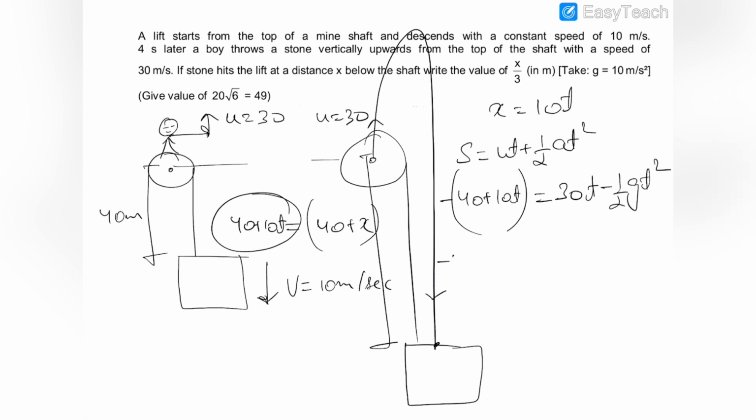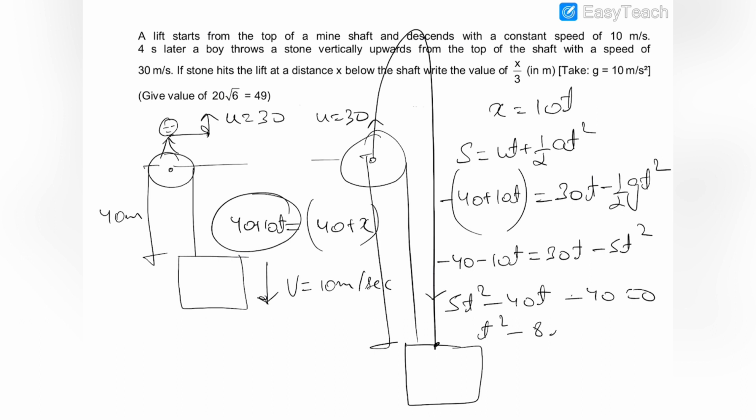So this is minus 40 minus 10t is equal to 30t minus 5t square. So you can say that it is 5t square minus 40t minus 40 is equal to 0, and obviously this is t square minus 8t minus 8 is equal to 0.